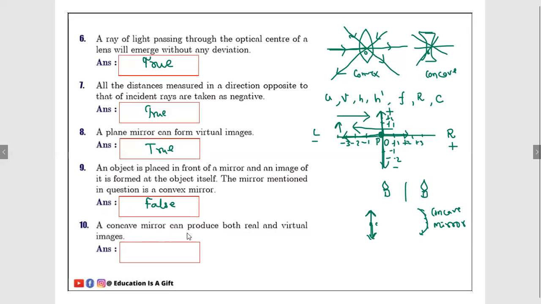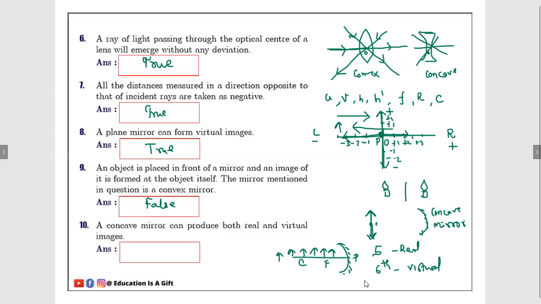Number 10. A concave mirror can produce both real and virtual images. They are talking about a concave mirror, and there are 6 positions for a concave mirror: infinity, beyond C, at C, between C and F, at F, and between F and P. Here we have F, here we have C. If you observe all these conditions, for the first 5 positions we will get a real image, and for the 6th position we will get a virtual image.